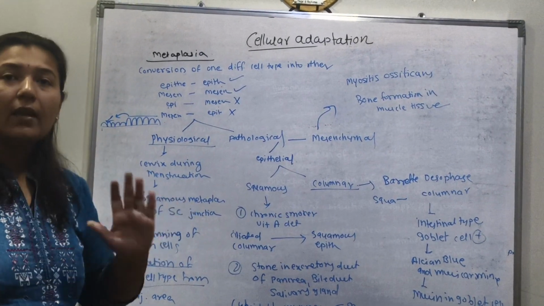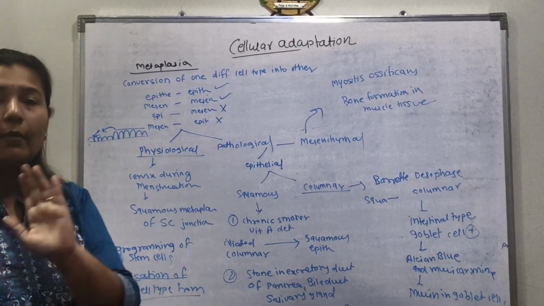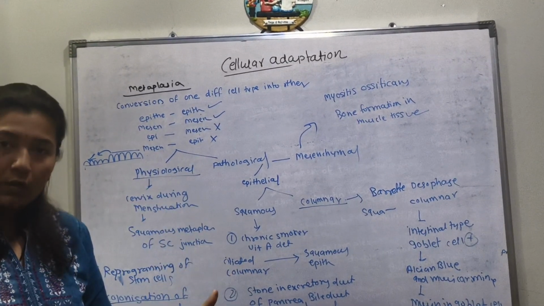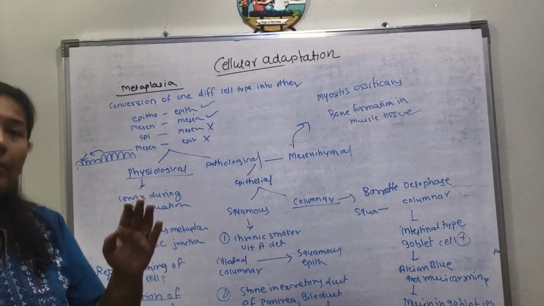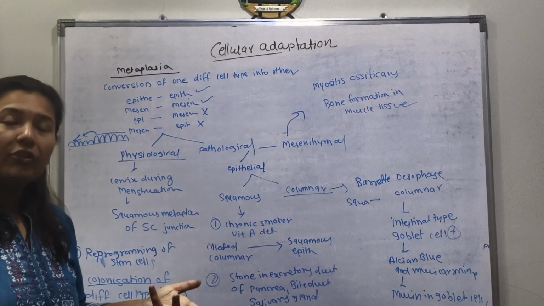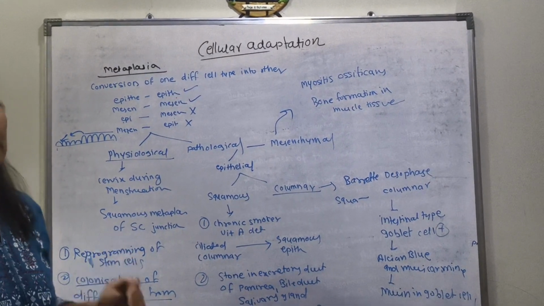What is meant by metaplasia? Conversion of one differentiated cell type into another differentiated cell type. Physiological metaplasia: cervix during menstruation. Pathological metaplasia: squamous metaplasia in chronic smoking, vitamin A deficiency, and stone in the excretory duct of the salivary gland, pancreas, and bile duct.